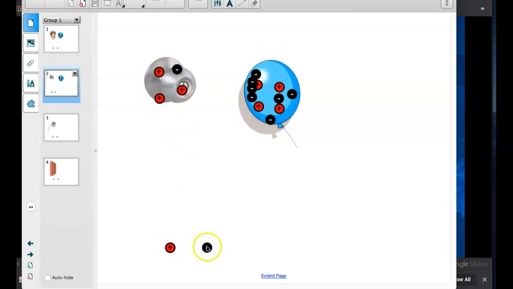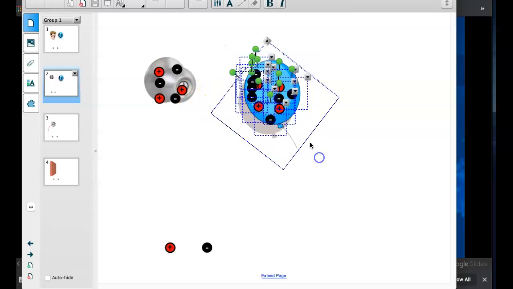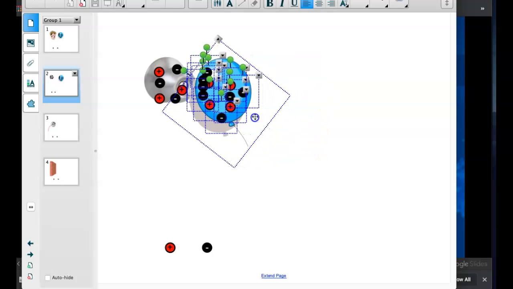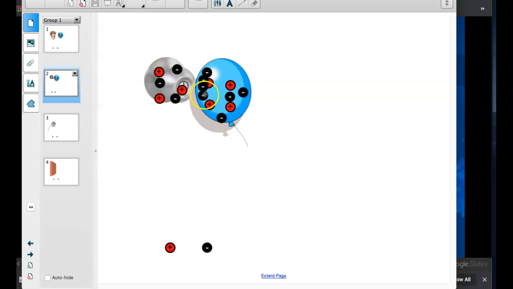All right, we'll give it an equal number of each. Now, if I take this balloon and touch the doorknob with it, what's going to happen? Well, that means that these electrons here now have somewhere to go. They have a place to actually move, so they will move over here like this.